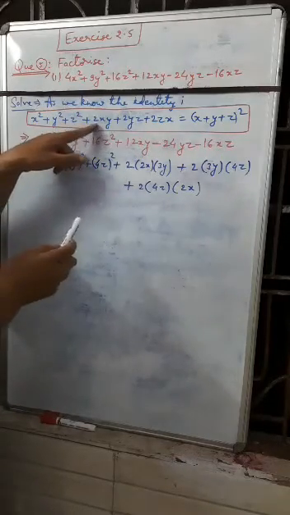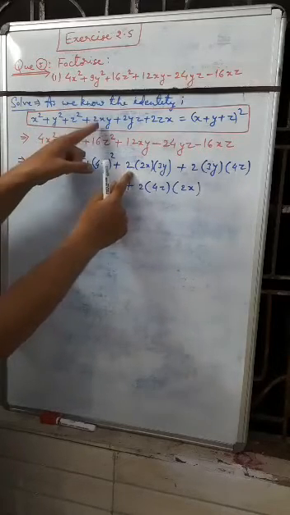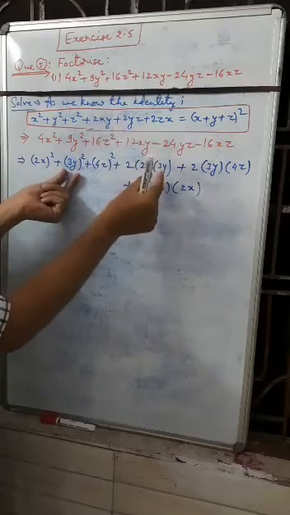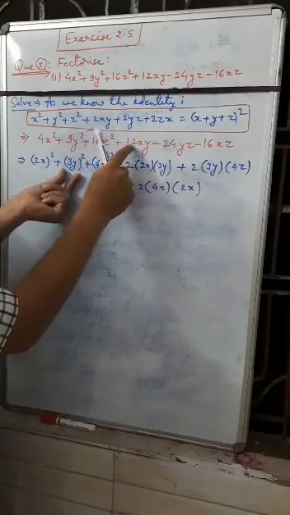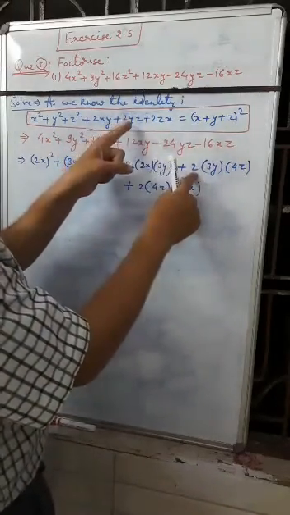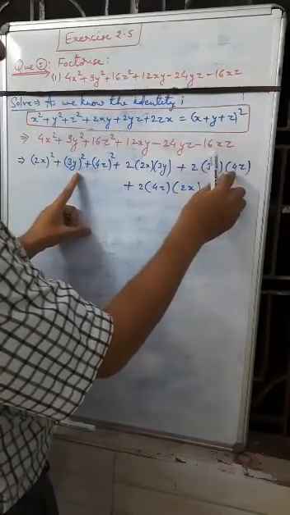Now we have plus 2xy, so we write plus 2, and x is 2x, and y is 3y. So 2 2s are 4, 3 4s are 12. You will get 12xy here. Again plus 2yz. Y is equal to 3y and z is equal to 4z.